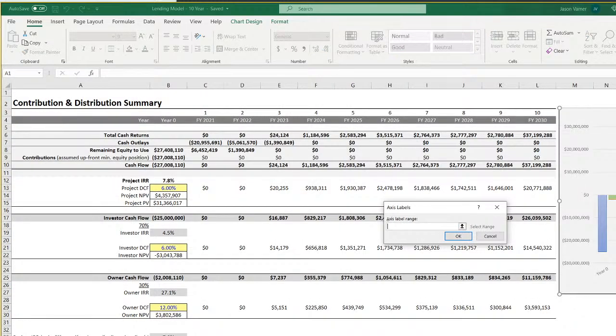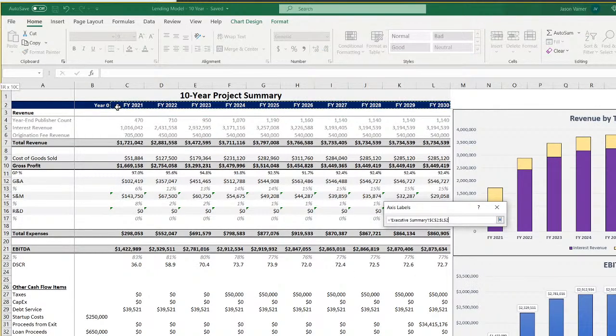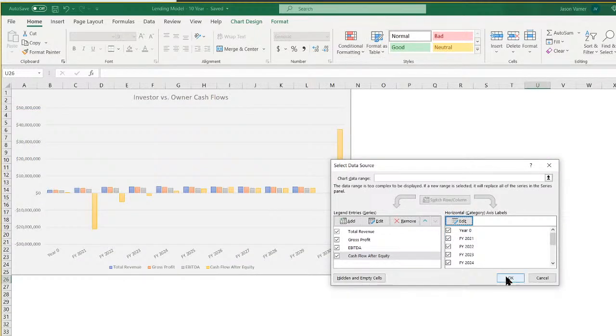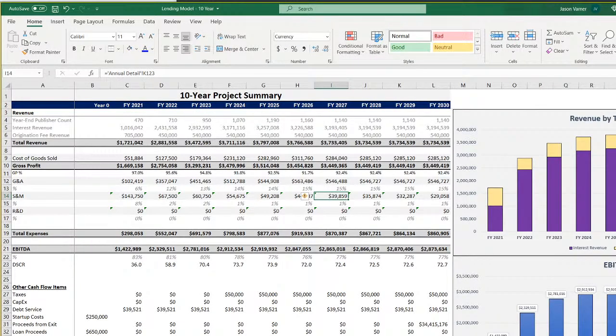And we do each year. I also need to change this. This is cash flow, just cash flow, before equity.